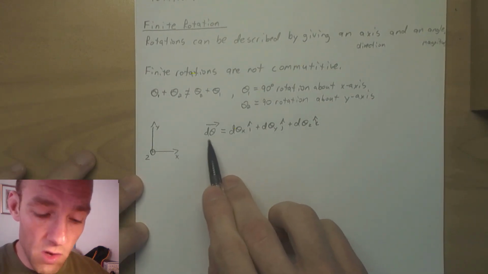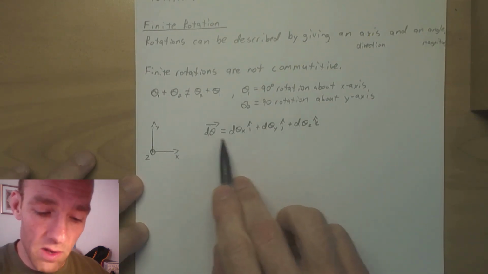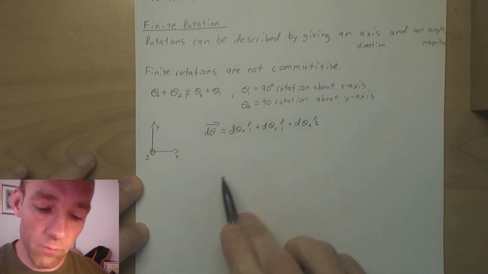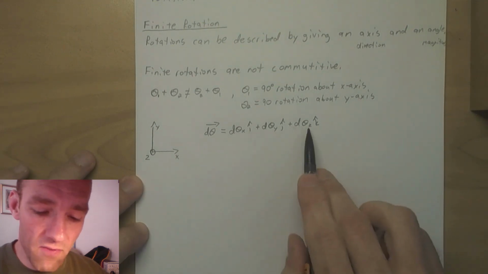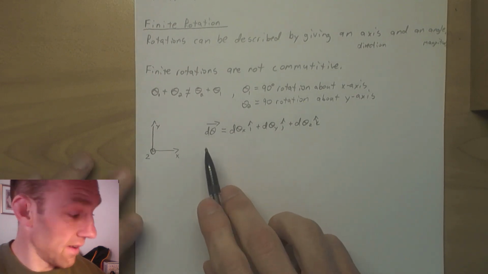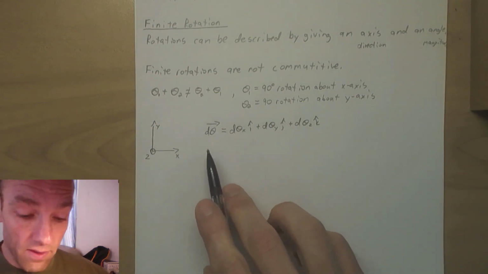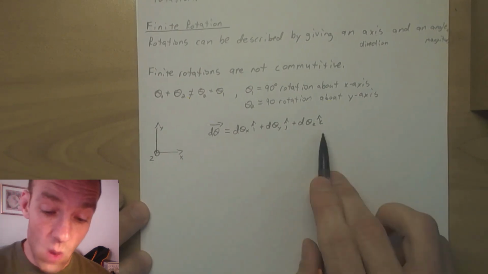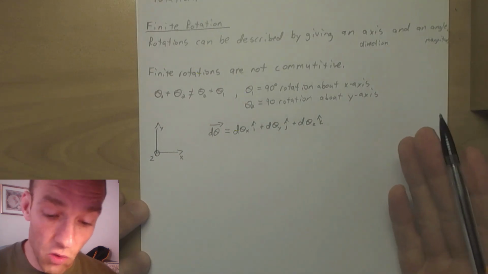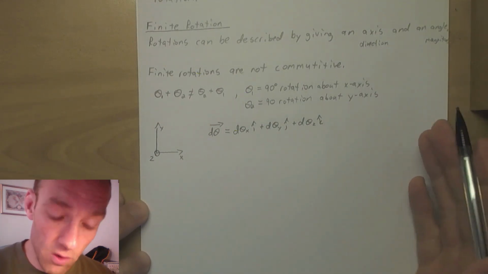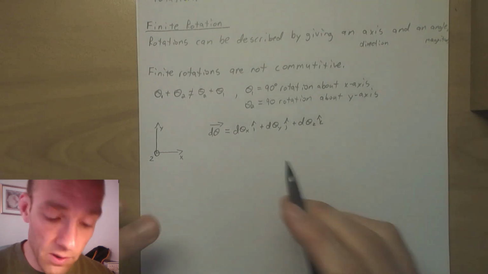When I'm talking about infinitesimal, I'm talking about the limit as these values approach zero. So this d theta, as described in this way, is essentially a rotation of 0 degrees, or the limit. It's a limiting factor, if you remember, in calculus.